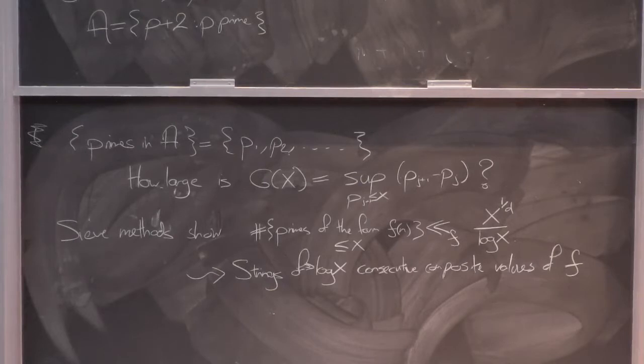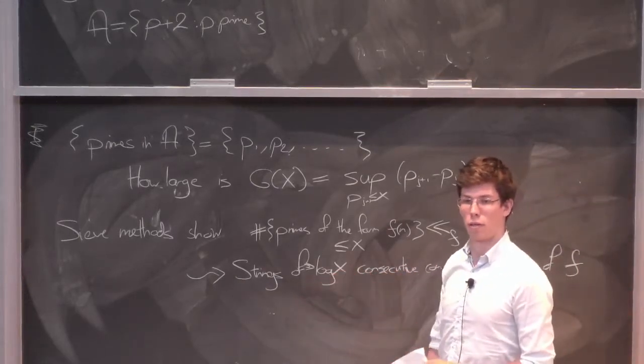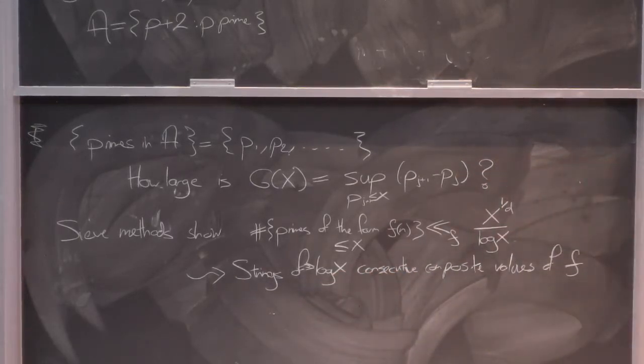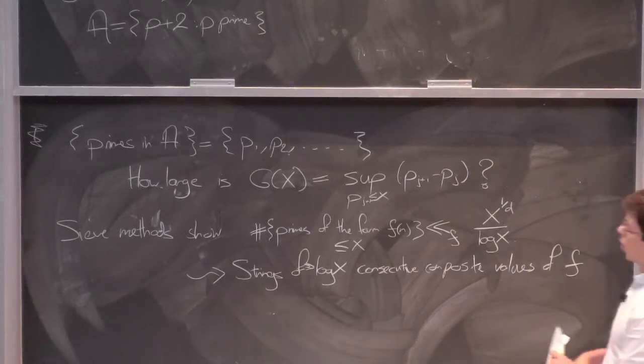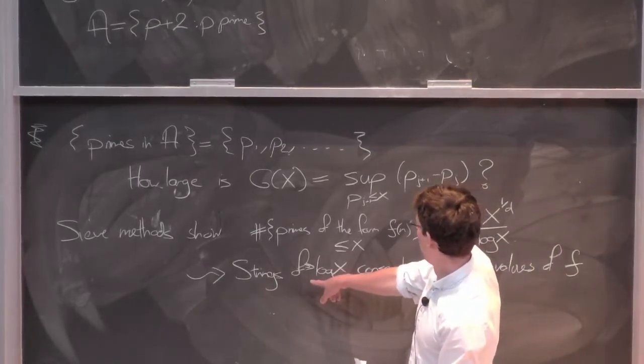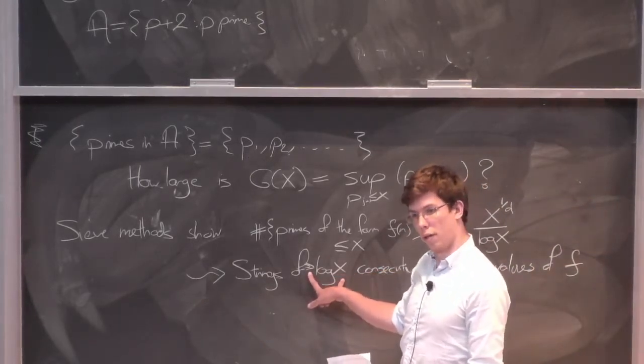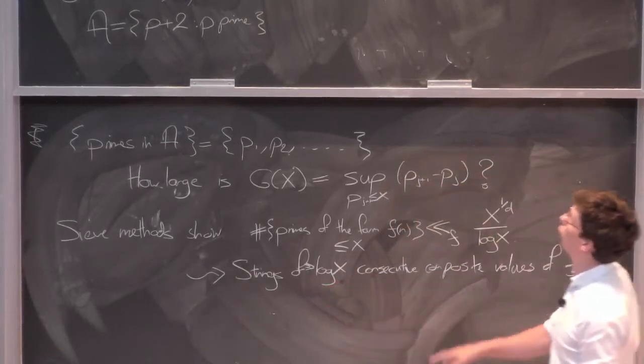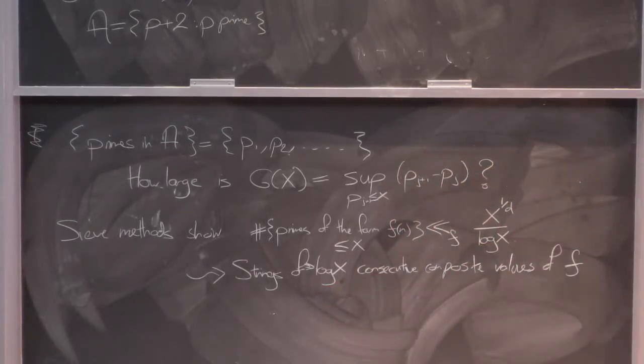And the main question I'm interested in is, in what situations can we do better than this trivial bound, where we can have rather more than just log x consecutive composite values? So based on probabilistic reasoning, you might guess that, in fact, there should be about log x squared consecutive composite values for the sorts of examples of sets that I'm looking at here, which correspondingly gives you large gaps between primes that occur early.